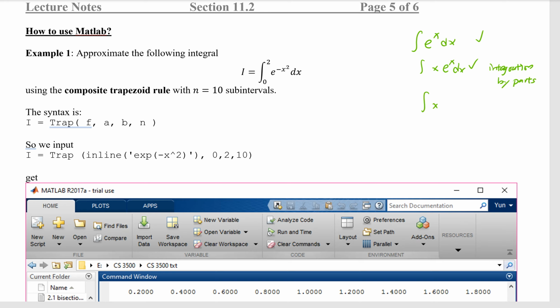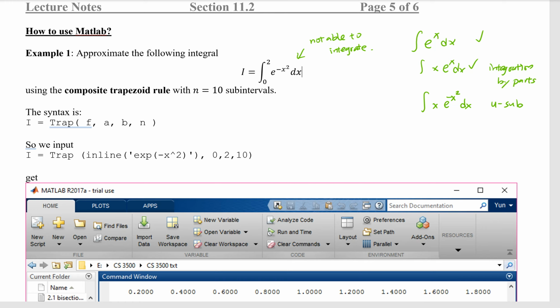If there is an x there, we can integrate this by u substitution. But without an x, this guy, we're not able to integrate. But now we can use numerical integration to approximate it as close as we want.